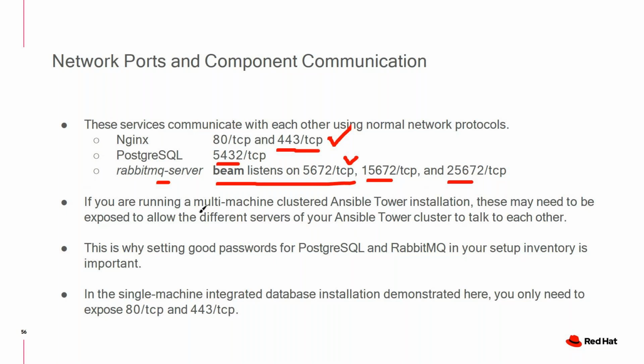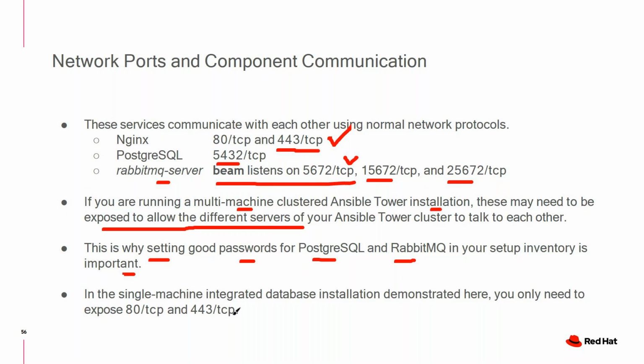If you are running a multiple-machine cluster Ansible Tower installation, these may need to be exposed to allow the different servers of your Ansible Tower cluster to talk to each other. This is why setting a good password for PostgreSQL and RabbitMQ in your setup inventory is important.